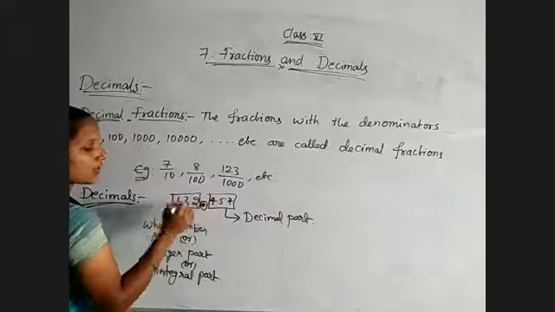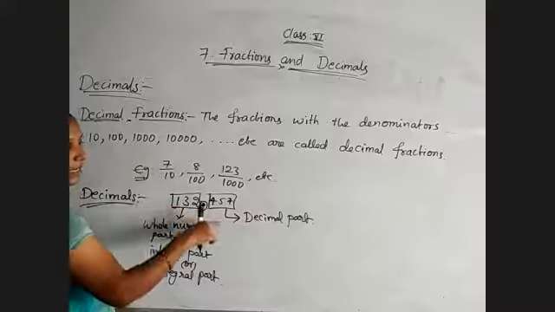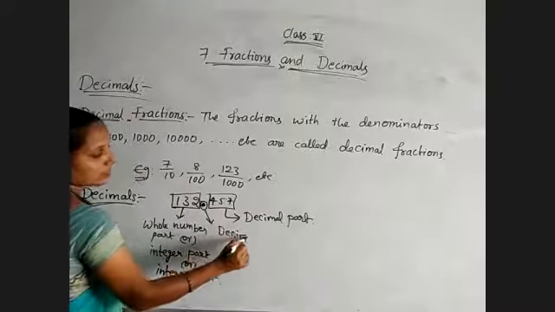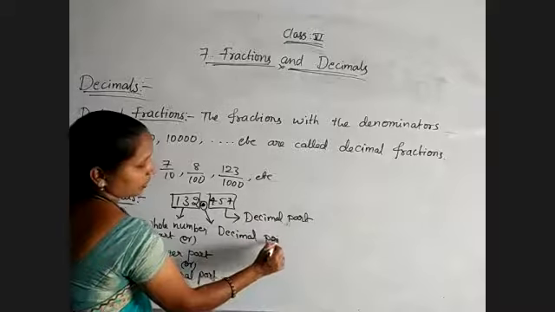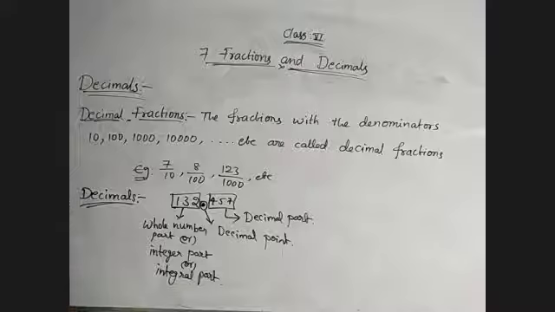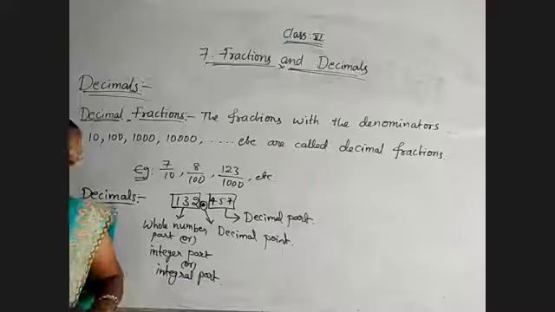And this point which is separating the whole number part and decimal part is known as the decimal point. This is about decimals, and we will see the decimal place value chart and place values of each digit.